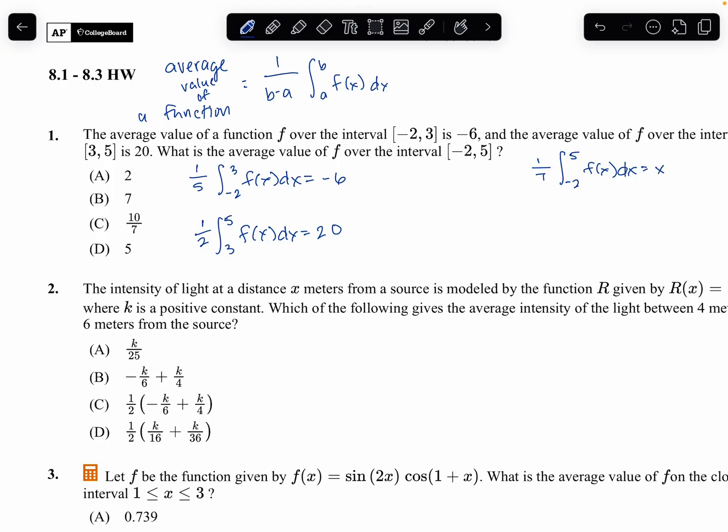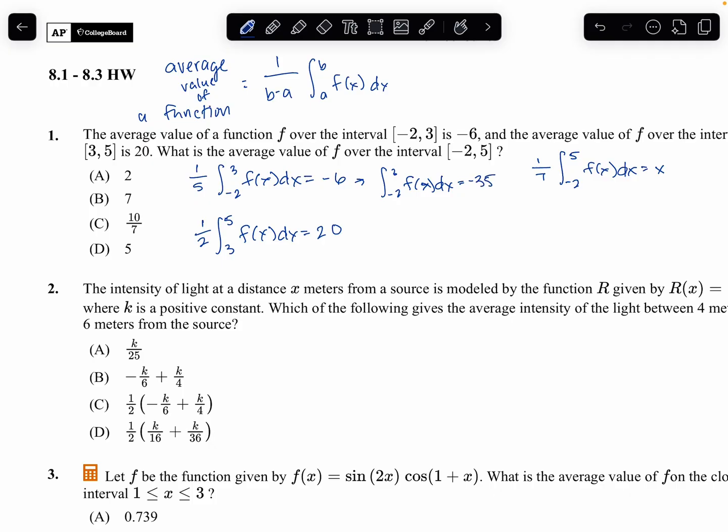Here's what we're going to do. I think if I solve for these integrals, multiplying by 5 and by 2, I get the integral from negative 2 to 3 of f of x dx is equal to, is that negative 35?